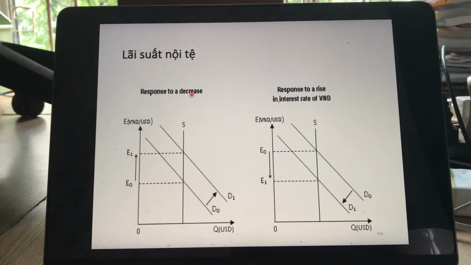So we go from this. First, the interest rate in Vietnam decreases, for example, from 10% to 6% now. So how does it affect the exchange rate?